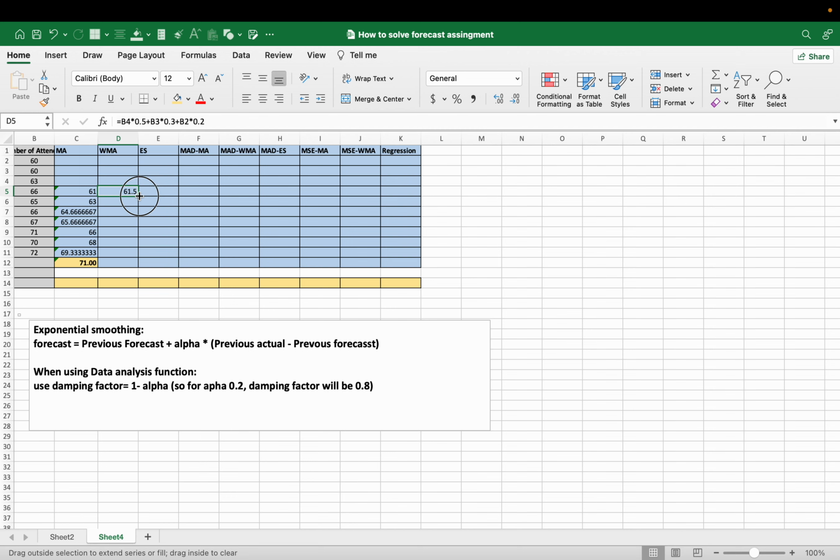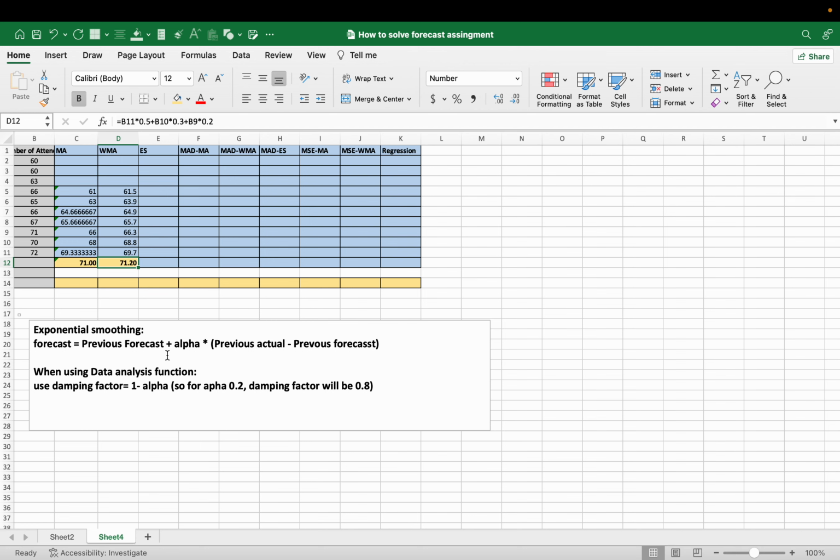Then again you drag it, and make sure you drag it up to the 11th, because we have these 10 values and you need a forecast for the 11th period. So this is your answer. Again, let me expand this to 2 decimal places, so 71.2, that would be your answer.